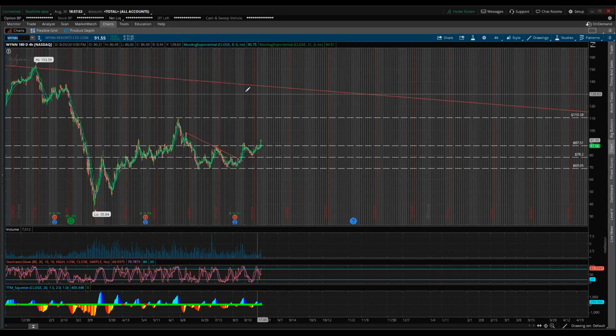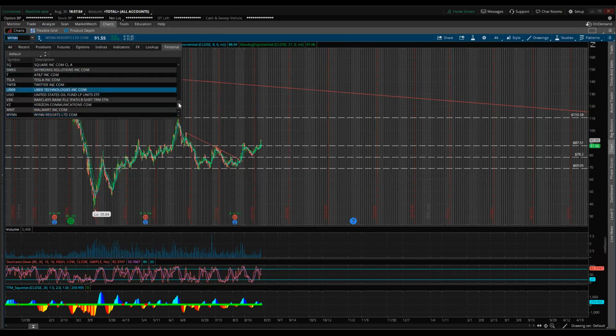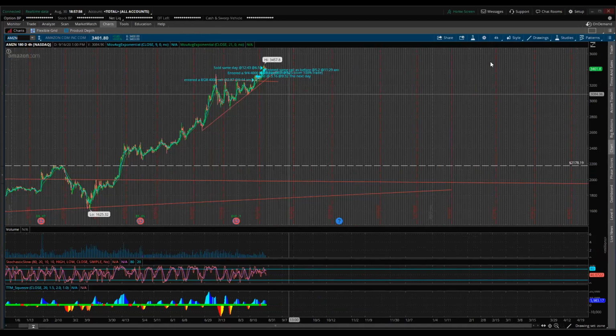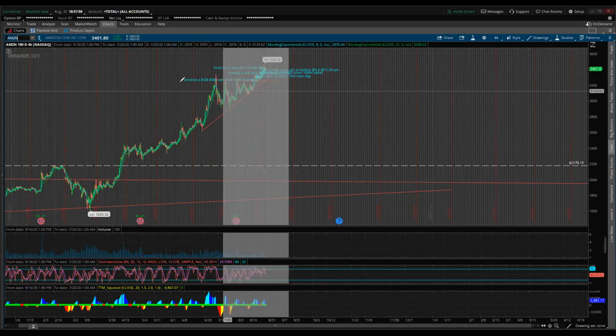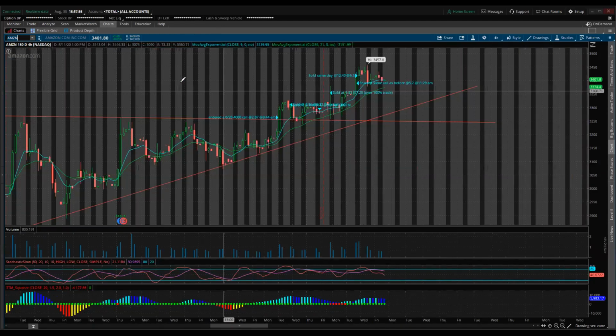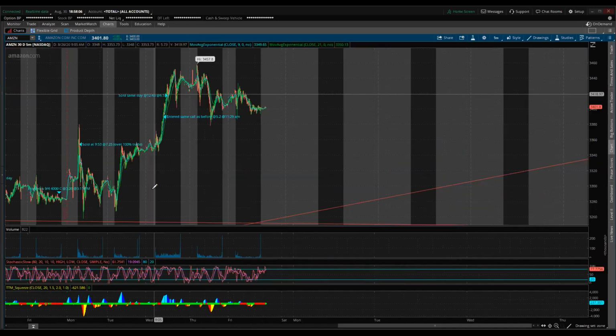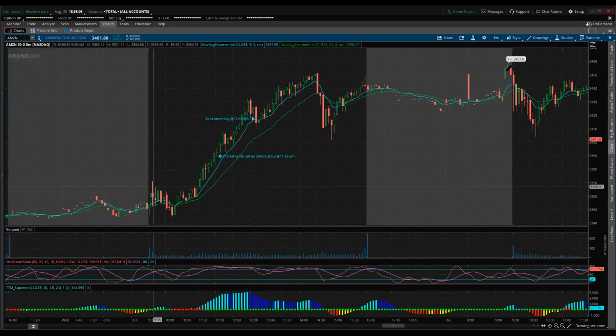What's the best time to trade, with volume and stuff like that? Always in the first 30 minutes of the market open, and the last couple minutes before close, that's where volume is the highest.